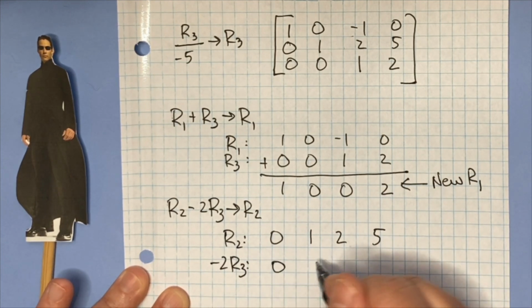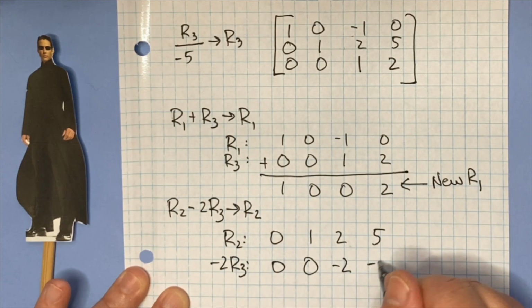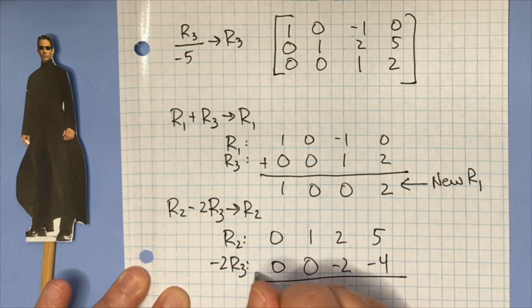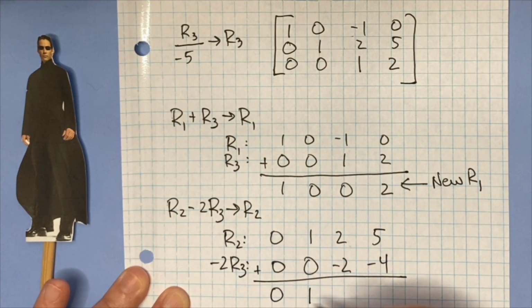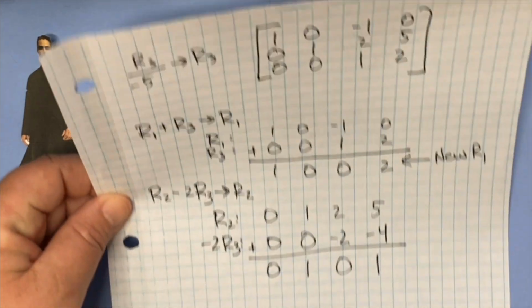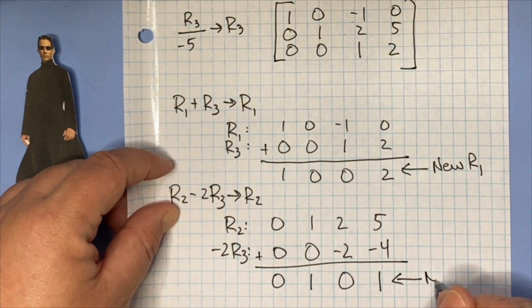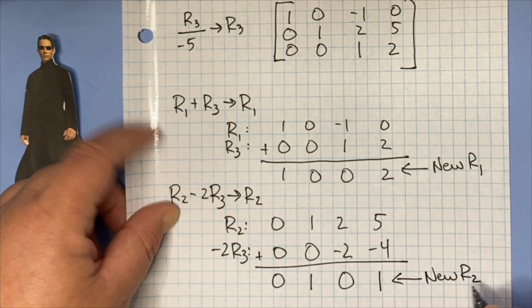So that's 0, 0. Well, I'm multiplying times the negative 2. Negative 2, negative 4. Adding them together and getting 0, 1, 0, 1. Oh my goodness. We are there. So this is my new row 2.